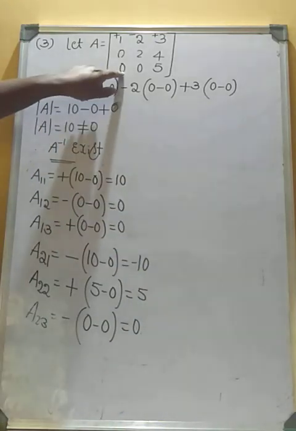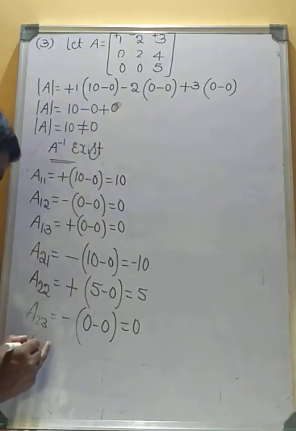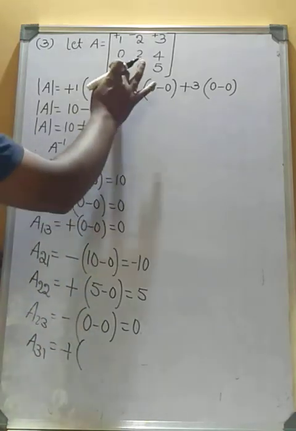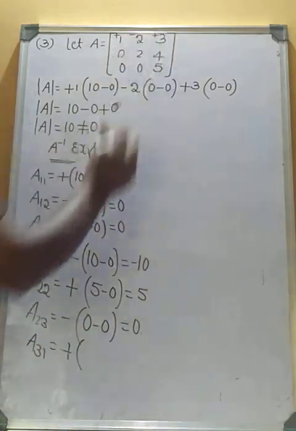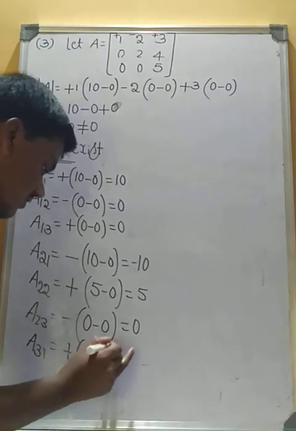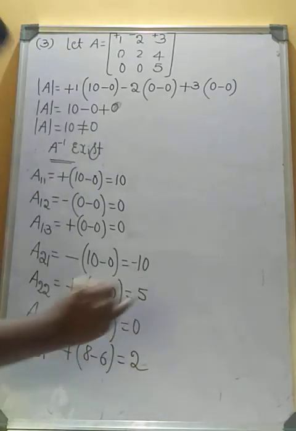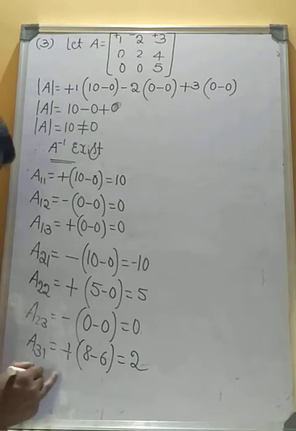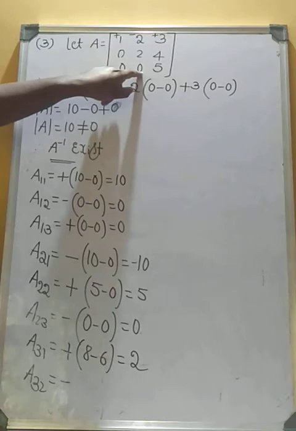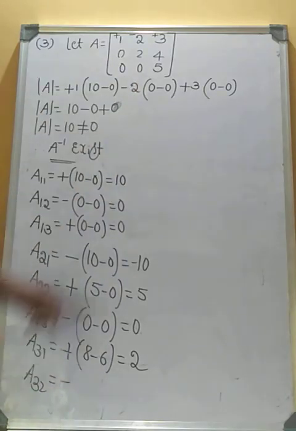The next is the cofactor of the third row, first element, that is A31. Take sign plus. Third row, first column: 2 4s are 8 minus 2 3s are 6, which is equal to 2. The next is the cofactor of the element 0, third row, second element. Take sign minus.